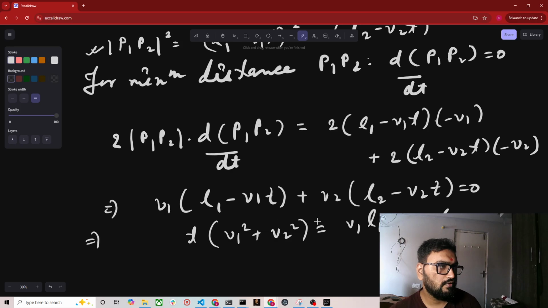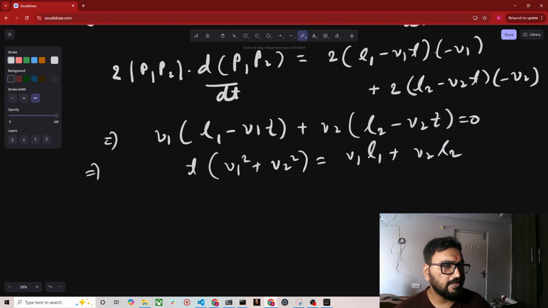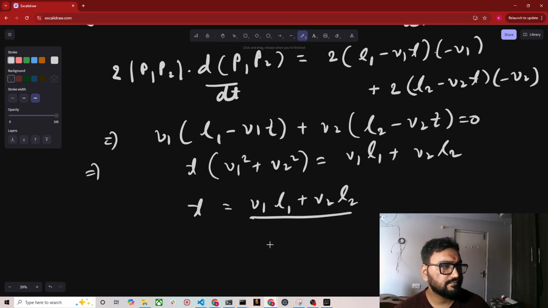Alright, so we get the time at which the distance between P1 and P2 would be minimum as t equals (V1 L1 plus V2 L2) divided by (V1 square plus V2 square).